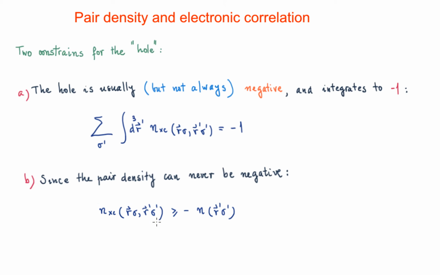We know that this is usually negative, but the exchange and correlation hole should be greater or equal to minus the spin density at R prime with the spin state sigma prime. So these are the two constraints that we have to take into account when dealing with the exchange and correlation hole. Again, that exchange and correlation hole is the one incorporating that information related to the correlation between the electrons.